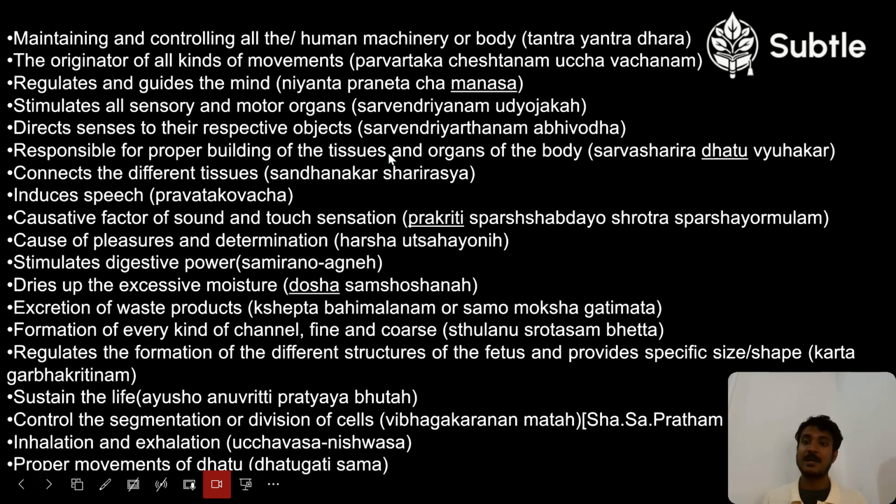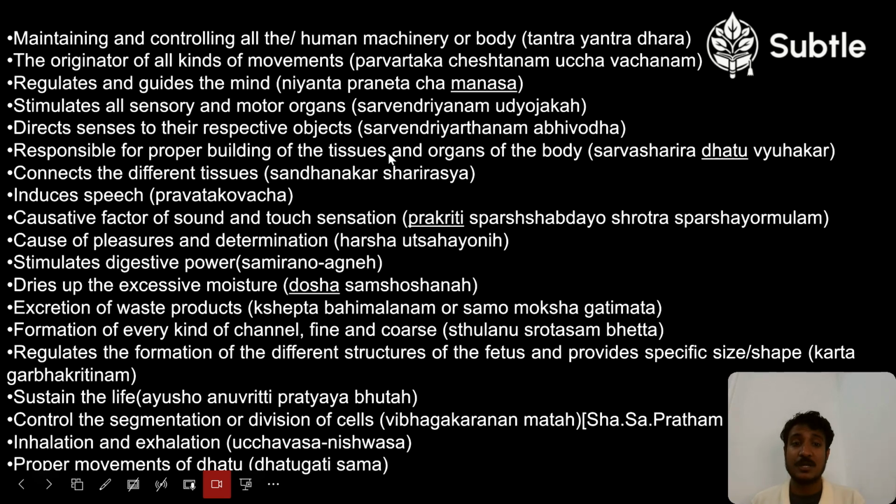Okay. Pravartako Vacha induces speech. You cannot speak without Vata, because that is also having an involvement of tongue and your palate and your jaw. Everything, there is a movement, right? Pravartako Vacha. Prakriti Shabdasparshanayo Shrotrasparshanayor Moolam. Moola, the cause of sound and tactile sensation, right?